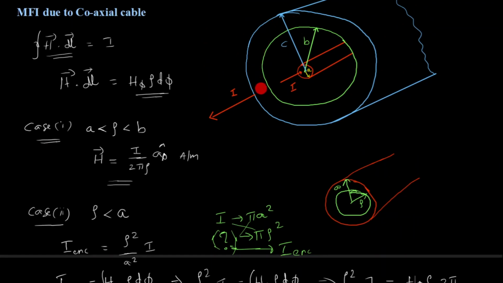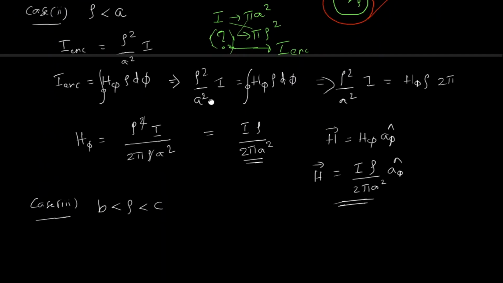I am considering the closed path here. So what does it mean? It will have this current enclosed as well as a part of minus I current also, right? Because minus I is flowing through this entire cross sectional area, but I am considering only a part of the cross sectional area. So what is the total current enclosed by this closed path? It is that portion of minus I plus the entire current flowing through the inner conductor. I hope that is very clear. Okay, so that is the next case.